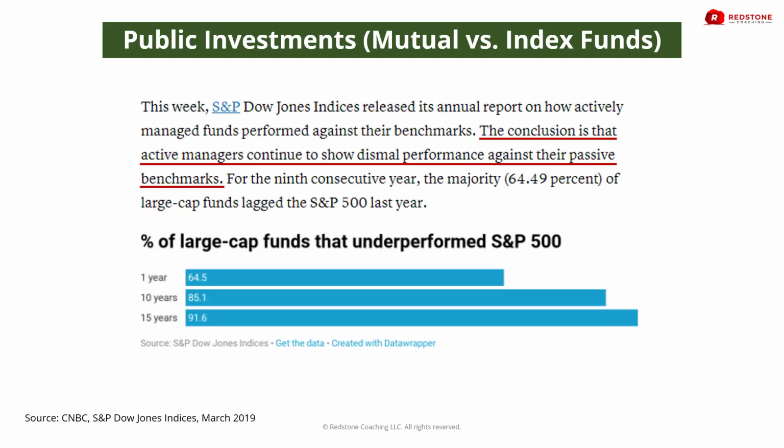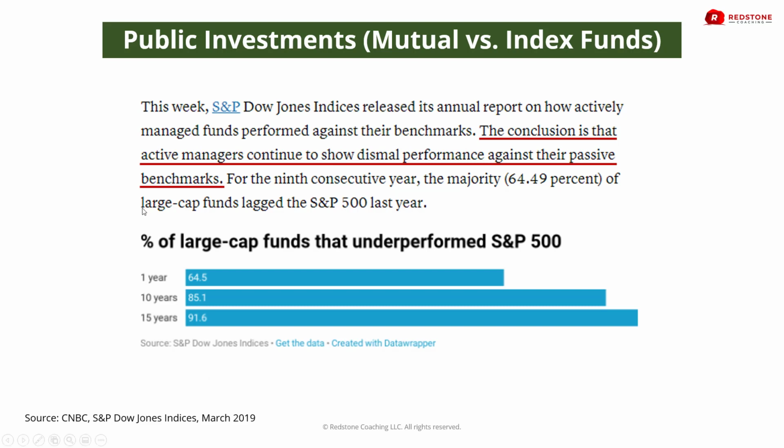This week, S&P Dow Jones Indices released its annual report on how actively managed funds performed against their benchmarks. Think of the benchmark as the index, the market. The conclusion is that active managers continue to show dismal performance against their passive benchmarks. For the 9th consecutive year, the majority, 65% of these large cap funds, lagged the S&P 500 last year, and this is 2019.